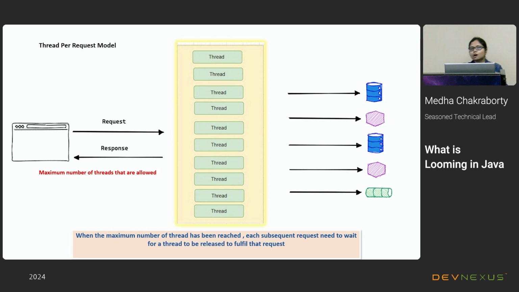Now the number of users has increased. Up to 200 threads, your application works fine, right? Because when you are processing requests, all threads are busy serving the requests that have already come into your server.